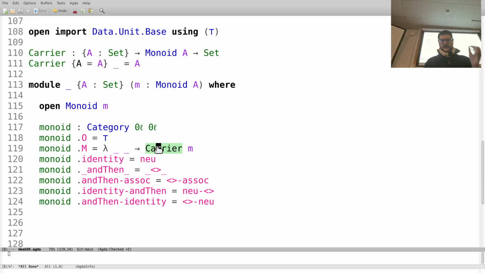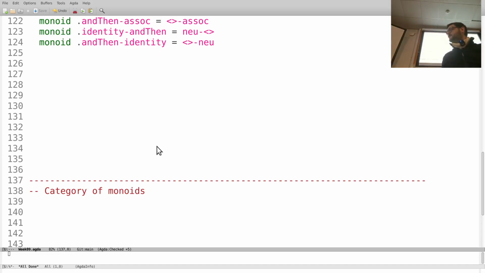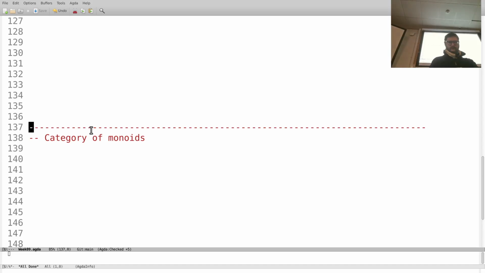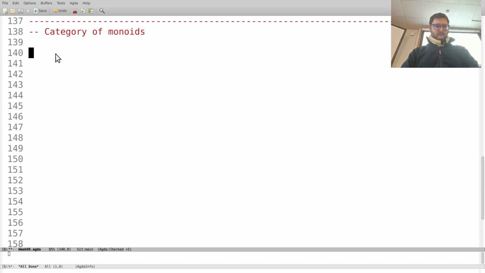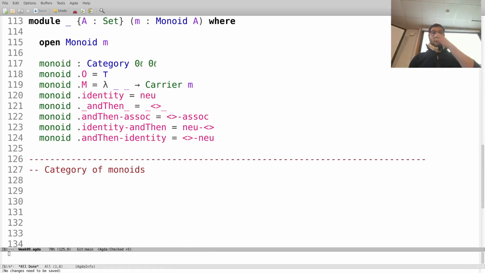Okay. So now what I wanted to do is the category of monoids. This is important. This happens all the time, and it's important not to get it jumbled up. Every monoid gives you a small category which is just living inside that monoid.